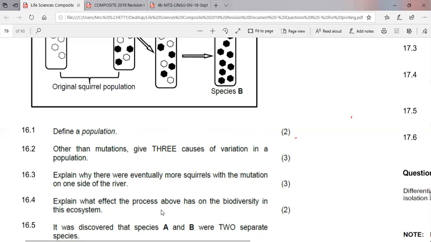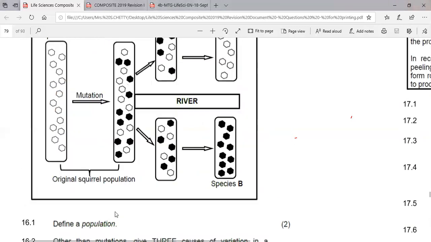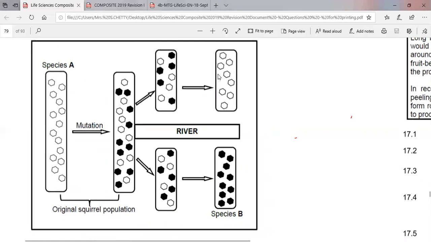Explain what effect the process above has on the biodiversity in the ecosystem. Oh my God, you have now decreased, sorry, you have increased biodiversity. Biodiversity refers to the number of different species in an area. So if this is one particular area, this was one species.